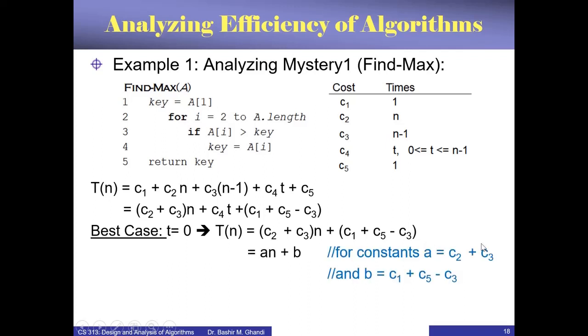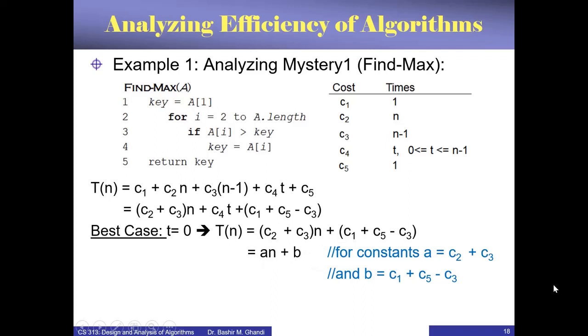So we can represent this simply as an plus b, where a is the addition of these 2 constants and b is the summation of these 3 constants. So our running time in the best scenario is an plus b as a function of n. Clearly this is a linear equation in terms of n.